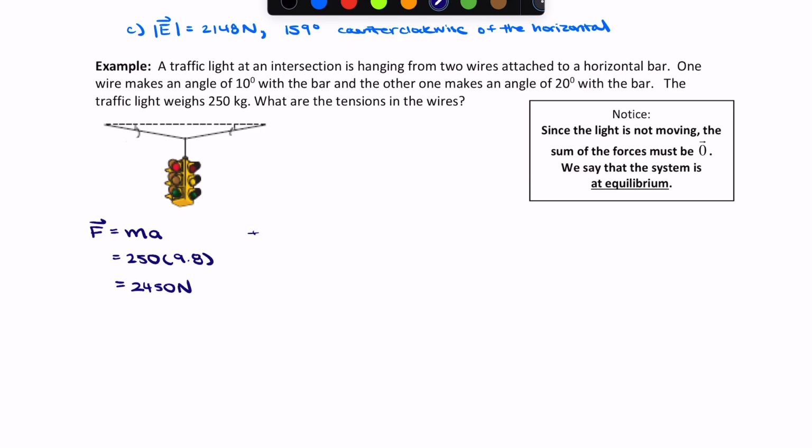So here we see that the equilibrium force is also 2,450 newtons.